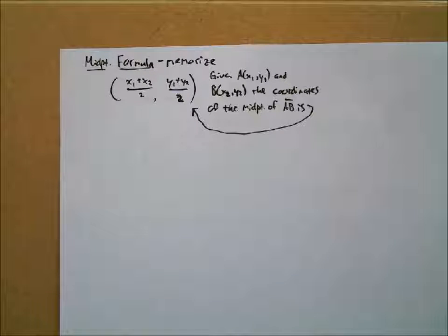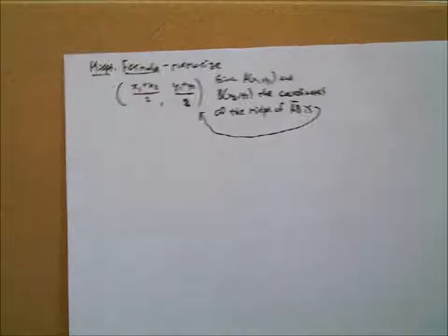Okay, or put more simply, it is the average of the x coordinates and the average of the y coordinates, right? How do you find the average of two things? You add them up and divide by 2. So you're going to find the average of the two x coordinates, (x1 + x2) divided by 2, comma, (y1 + y2) divided by 2. Okay, and that gives you the coordinate for the midpoint, right?